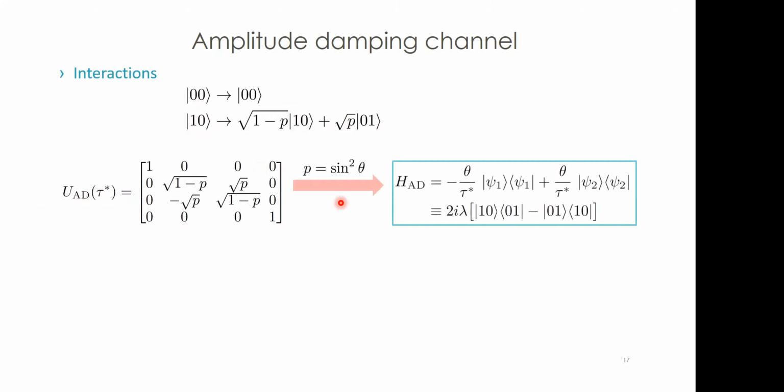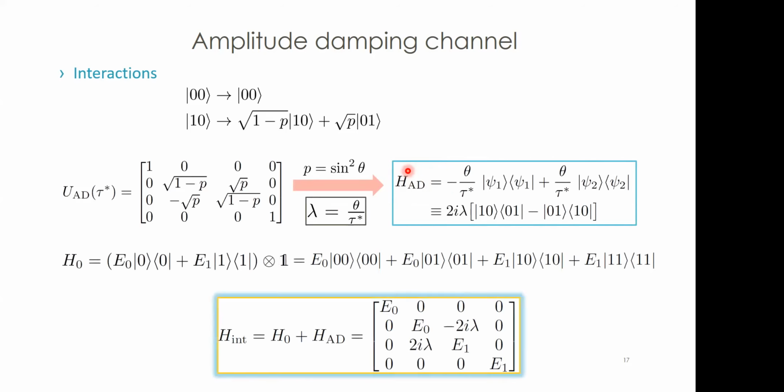And by making substitutions and eigendecomposition, as I told before, one can obtain the Hamiltonian corresponding to the amplitude damping channel, add it to the intrinsic clock Hamiltonian, and get H-int. Now, after H-int, we go through the process of obtaining the time evolved state and finally obtaining the visibility.